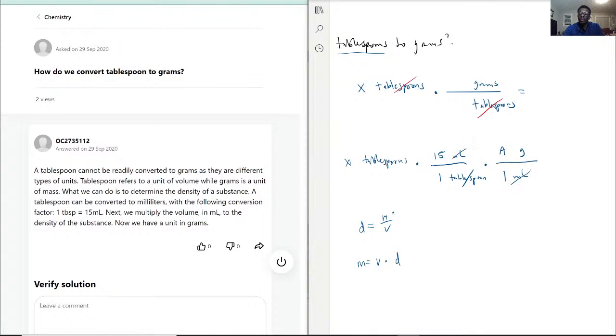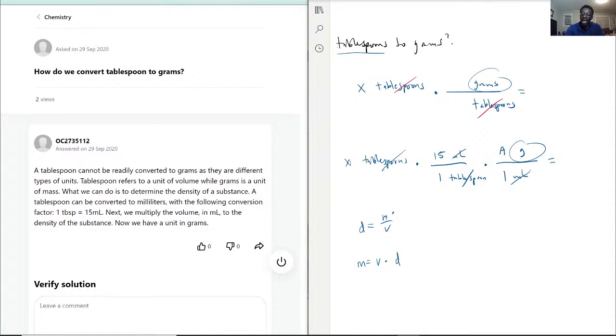So these two will cancel out. Depending on what your density is, like I can say my density is 0.78 grams per liter. I think that's like the density of methane or something. But nonetheless, this is what we do here, because now our goal is to get to grams. That's what we've done. Tablespoons are canceled out.